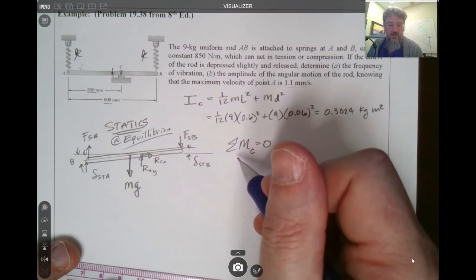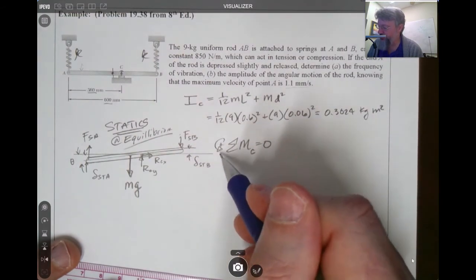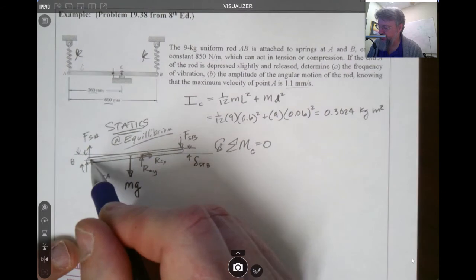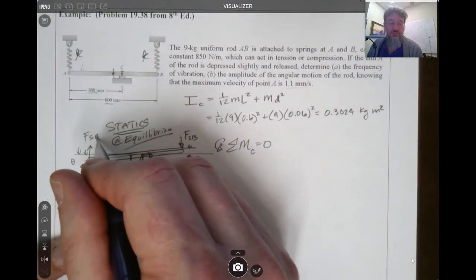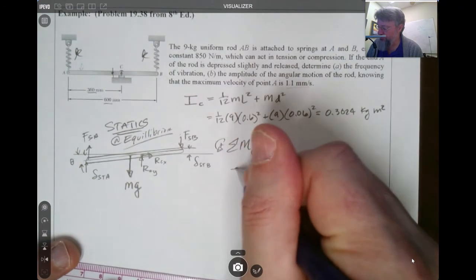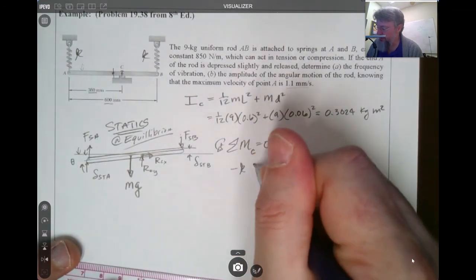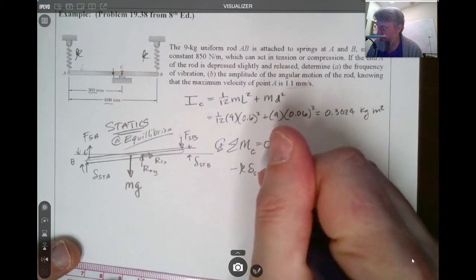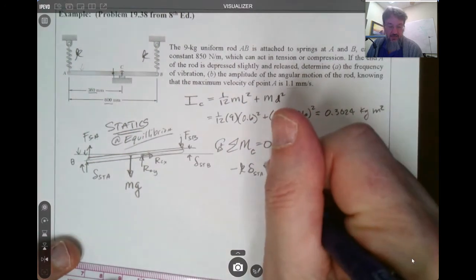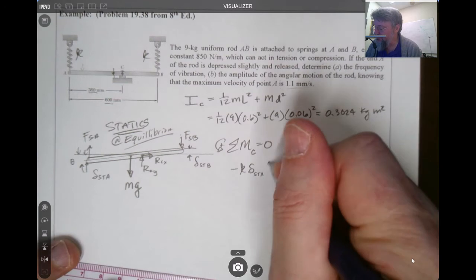And we'll write out that we're taking counterclockwise as positive. So we can see that the force due to the spring at A is going to cause a negative moment, and that's going to be k times the static deflection at A times the length, which is 0.36.